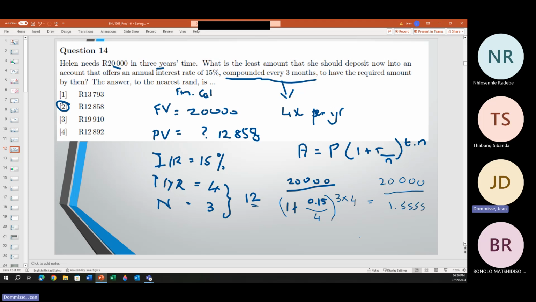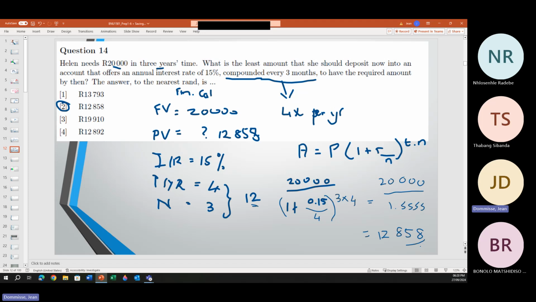Let's just check if that gives us also the answer that we're looking for. So 20,000 divided by 1.5555 gives me 12,858.